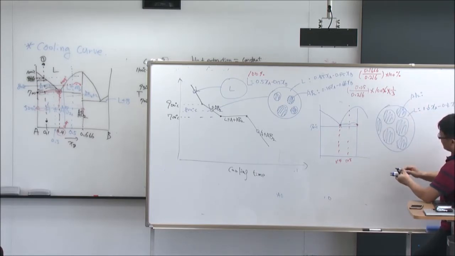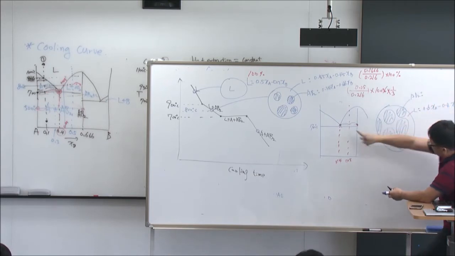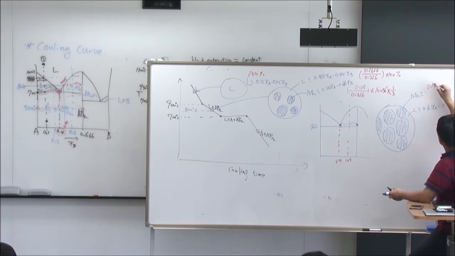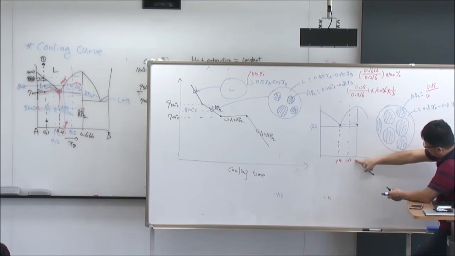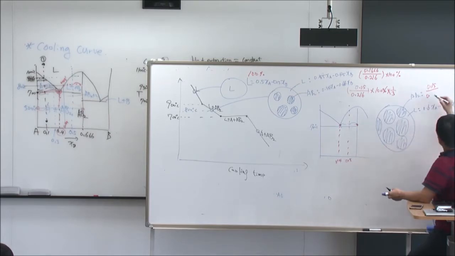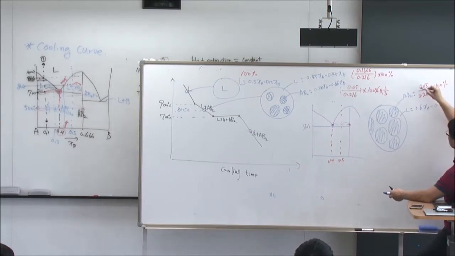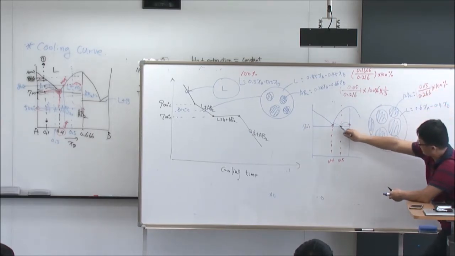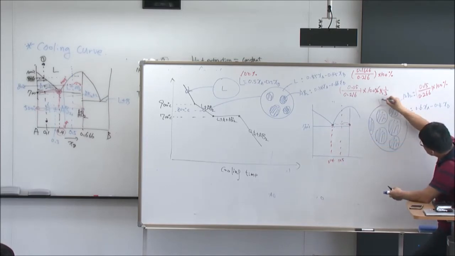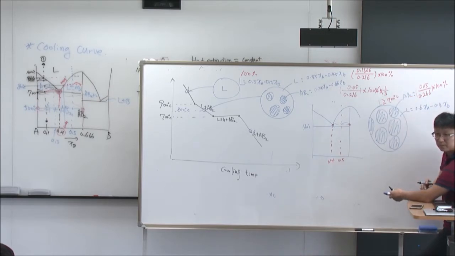And the amount of each phase, the amount of this one is now this divided by the entire length. So it's 0.15 divided by 0.66, 0.266. Okay, this is the amount at just above the eutectic temperature. So T equal to just above 700 degrees Celsius, yeah?